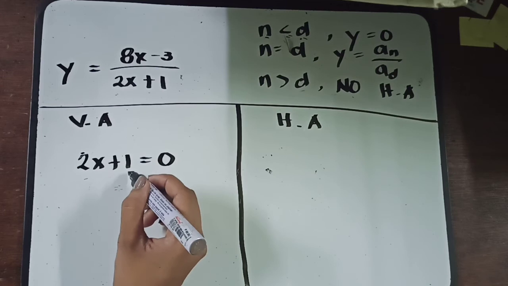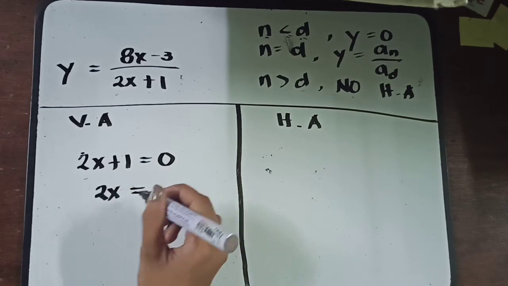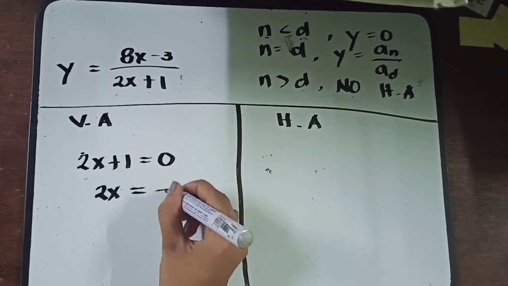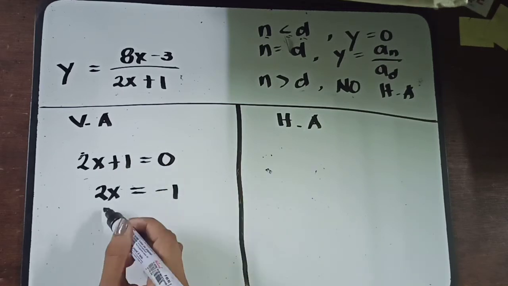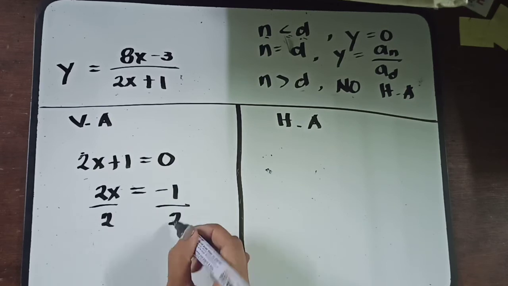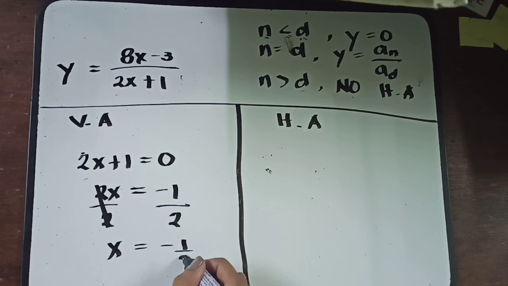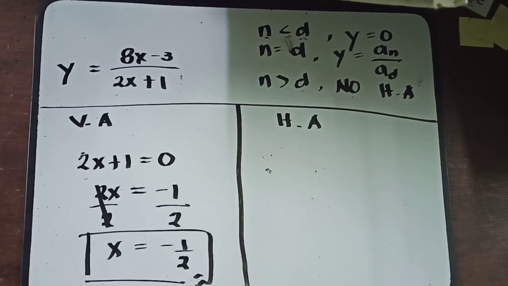So, tanggalin ko tong constant. So, this 2x is equal to, from positive 1, it will become negative 1. Again, x lang ang kailangan ko. Divide both sides by 2. And x is equal to negative 1/2. So, the vertical asymptote is negative 1/2.